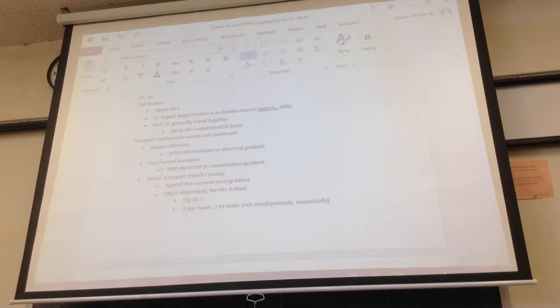The substances inside the bag, one is small and one is big, and the substances outside the bag, one is big and one is small. The dialysis tubing is semi-permeable, meaning the holes are very, very small. If it's a really small thing, like potassium iodide, I2KI, we put that outside because it's a small molecule, and we can watch it diffuse into the bag.